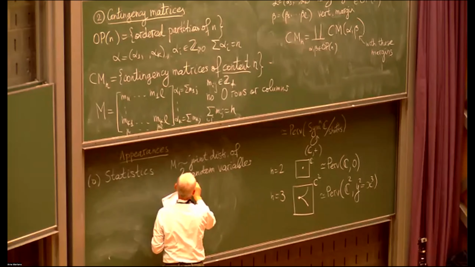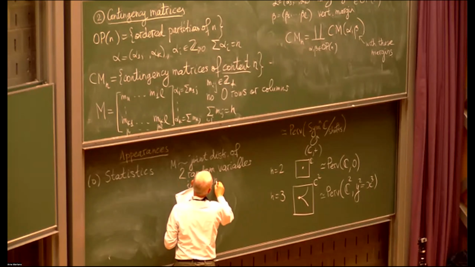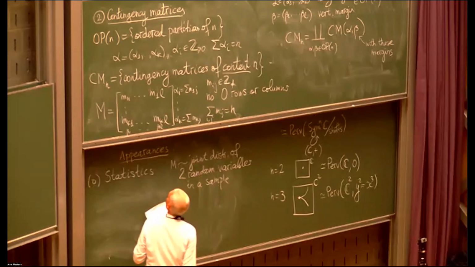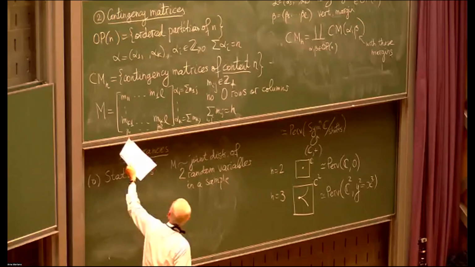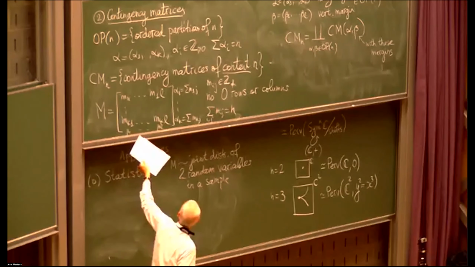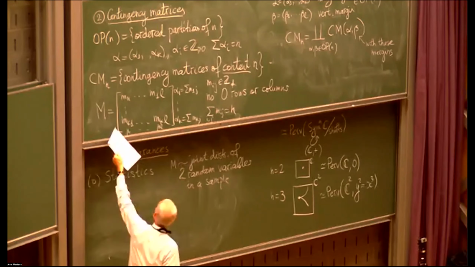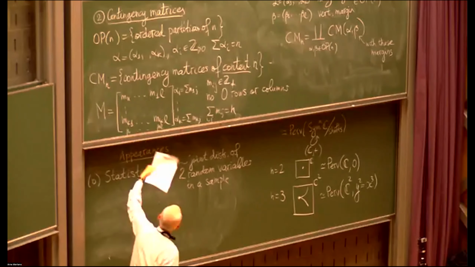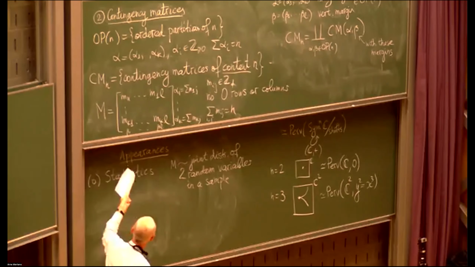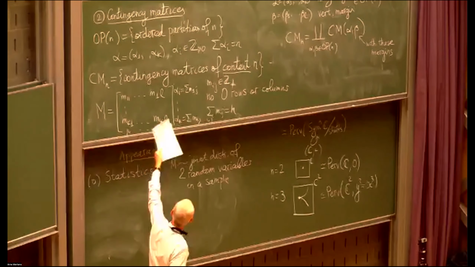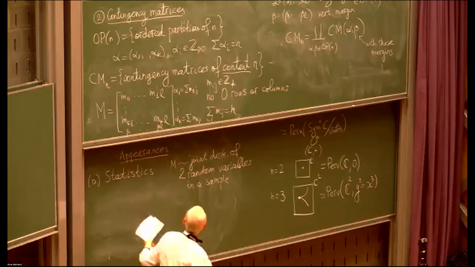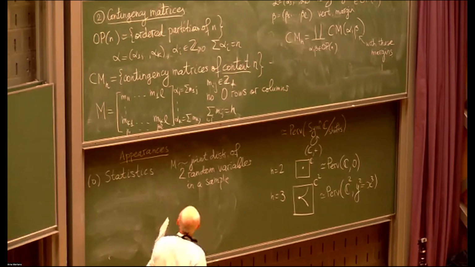In a sample, for example, we want to study correlation between smoking and death. We can write here the number of cigarettes a person smokes every day, and here the age of death, and in a sample of a large number of people we get some information. If this matrix is of rank 1, it means that the two random variables are independent. If it is not rank 1, then there is dependence, there is correlation.